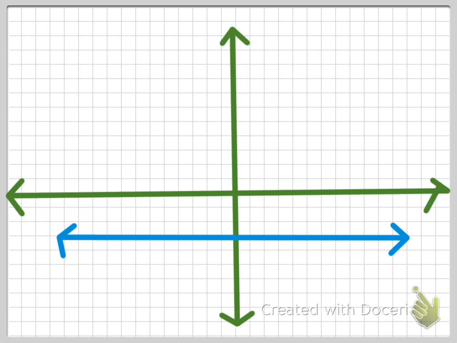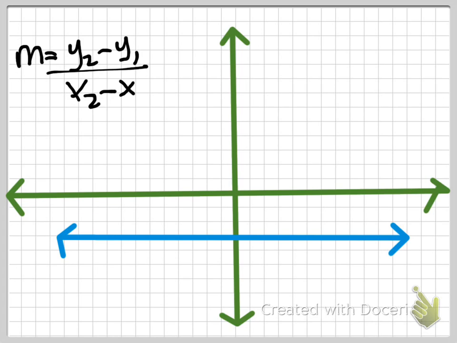And what would you guess would be the change in your line, or the steepness in your line? Your rise over your run. And you may not be able to just guess it right off the top of your head. Let's plug some points into our formula for slope. Remember, we go from left to right.